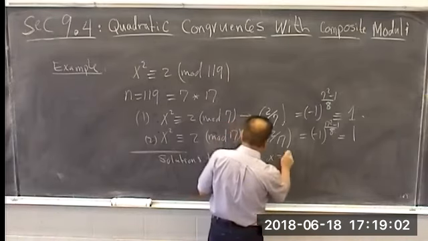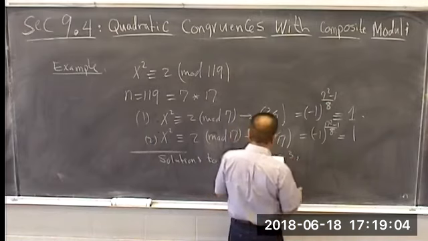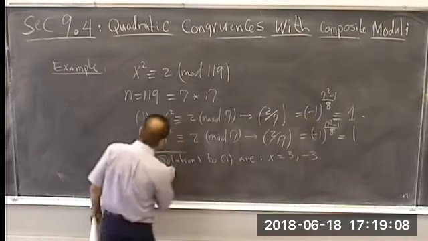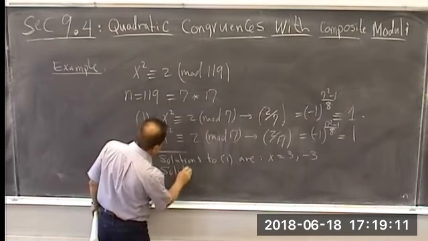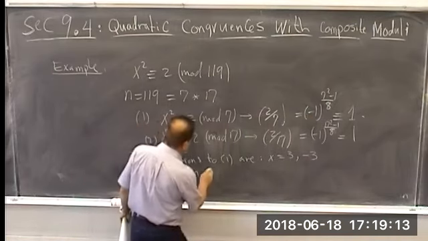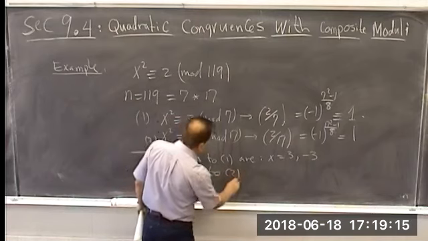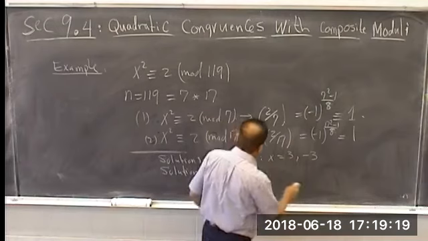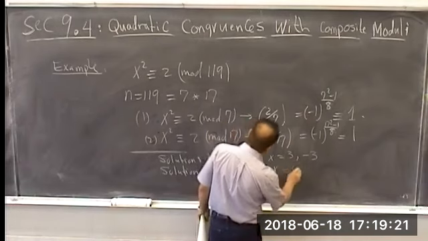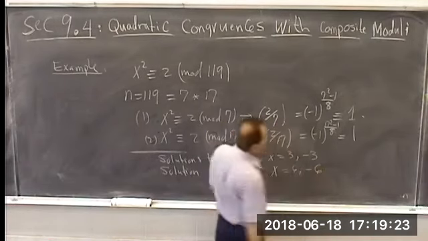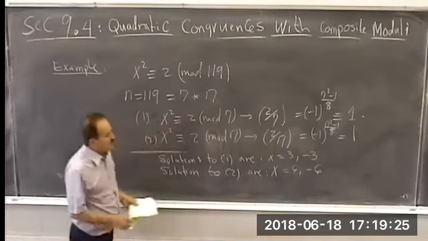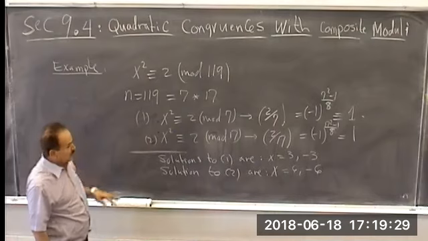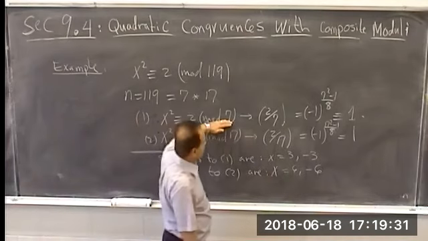So we get 3 and negative 3 as solutions to 1, and the solutions to 2 are 6 and negative 6. Again, if you wish, you can use a positive solution, meaning take the negative 6 to one positive number congruent mod 17, and the same thing with the 7.